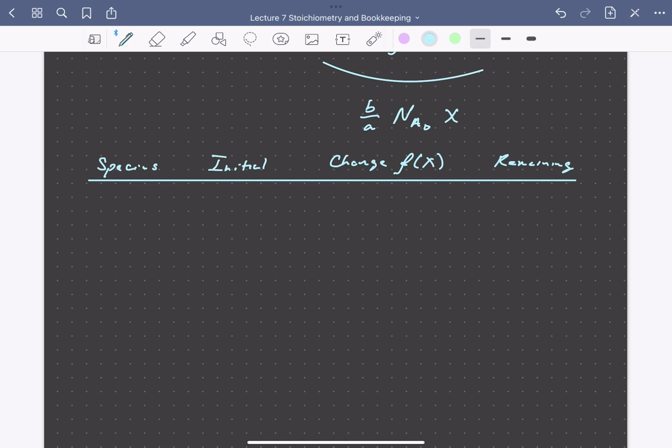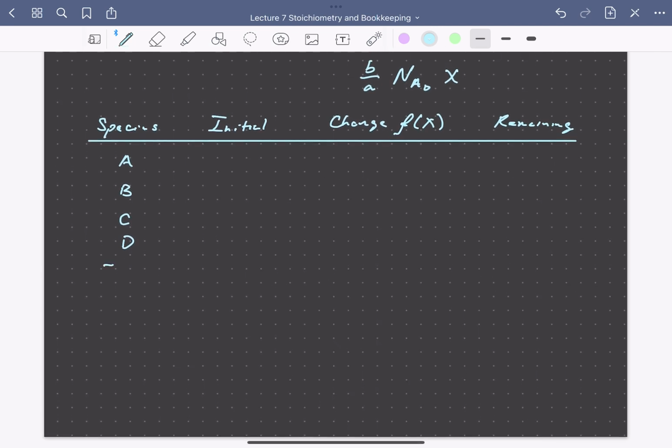So this will be our number of moles of that species at any time t. So here we want to describe our reactants A and B and products C and D. We can also, for generality, have some inert species, and then we'll keep track of the total number of moles in our system.